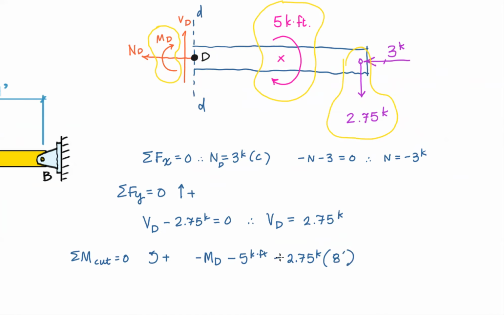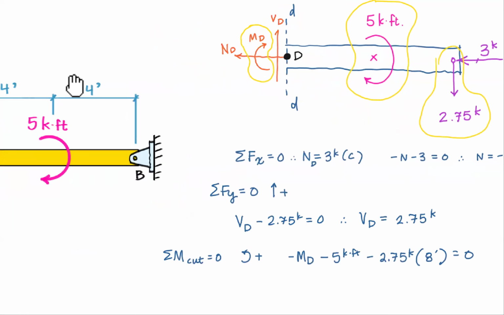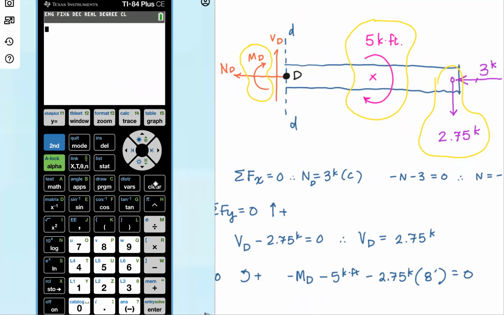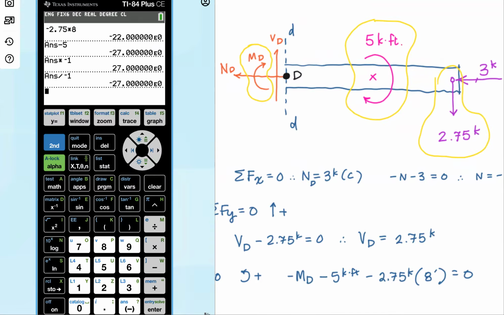And that one is negative, thumbs down, clockwise. Set all that equal to 0. Okay. Negative 2.75 times 8 minus 5. I multiply by negative 1 to get it on the right side of the equal sign. And then I divide by negative 1 to isolate M sub D, and I get a moment of negative 27.